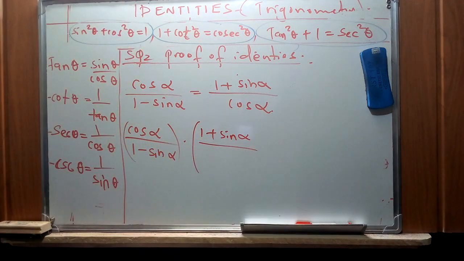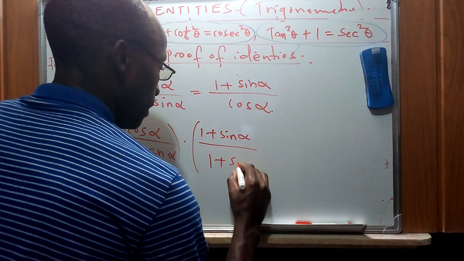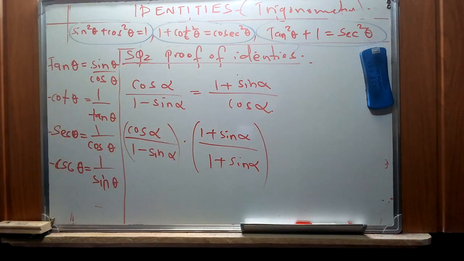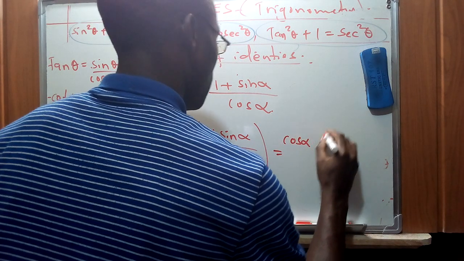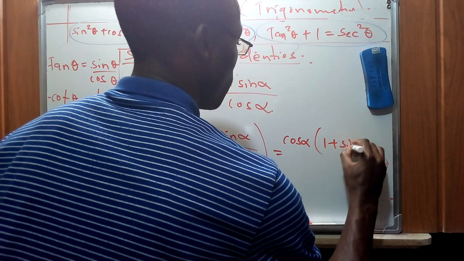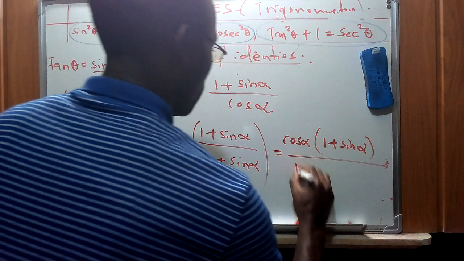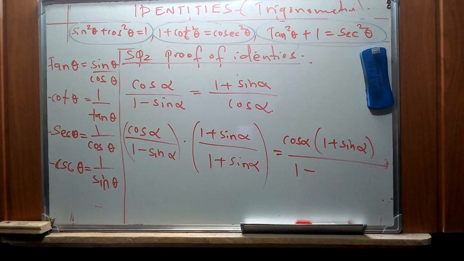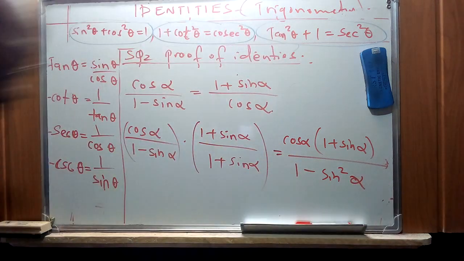So I multiply both the denominator and the numerator using this expression. The denominator is going to give us a difference of squares. So we have the cosine alpha into 1 plus the sine of alpha divided by 1 minus the sine squared alpha.